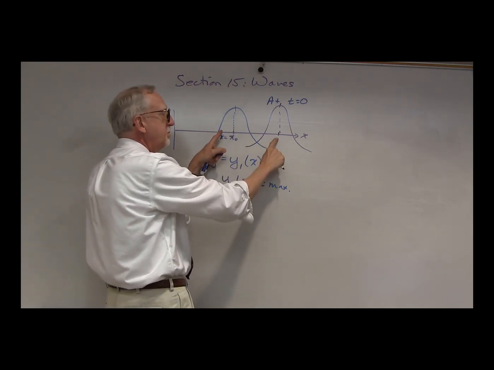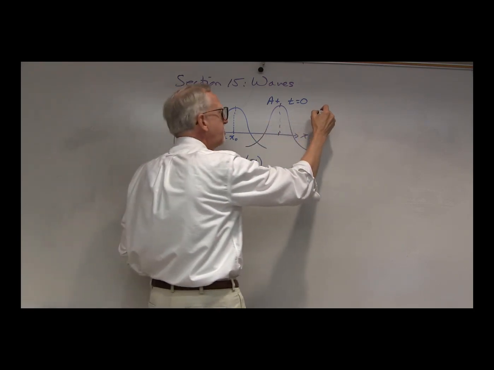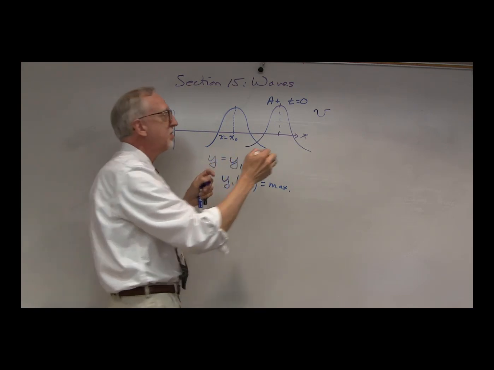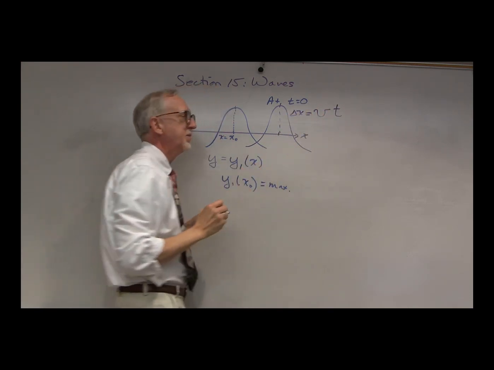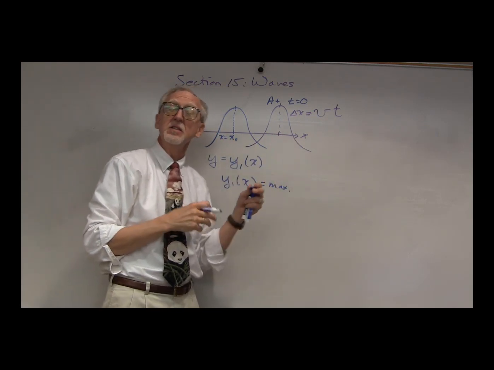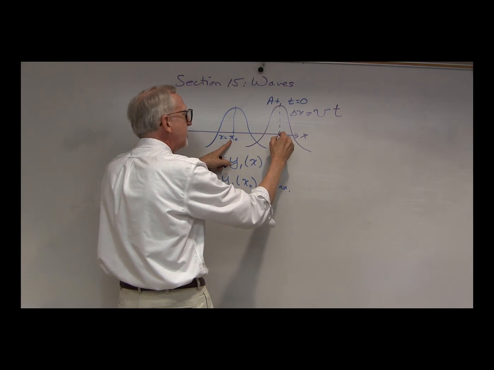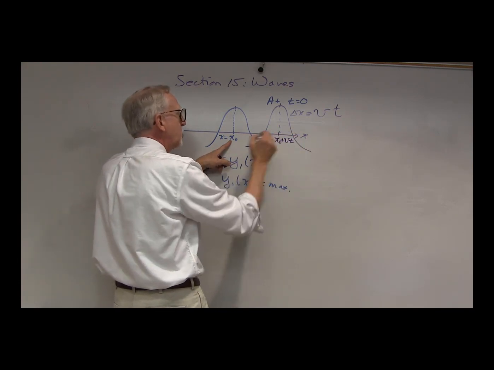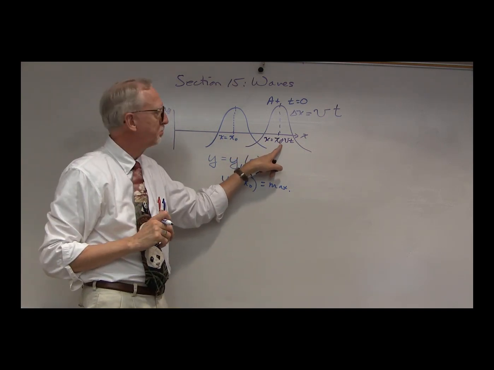Well, if we wait some time t, if our wave has some speed v, then the distance it has moved is v times t. So that's going to be the change in the position. It's going to have moved a distance v times t. In other words, this point will be x naught plus vt. So x is equal to x naught plus vt at this point.